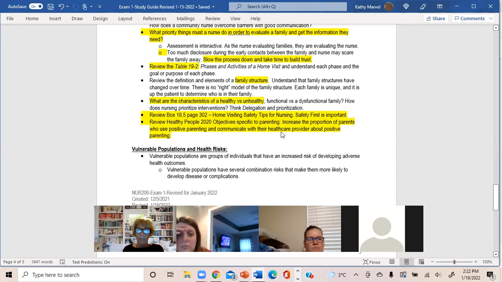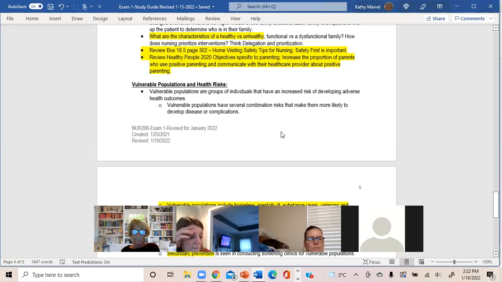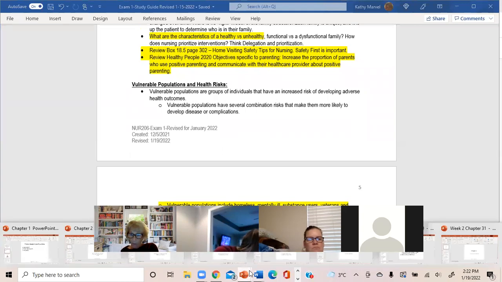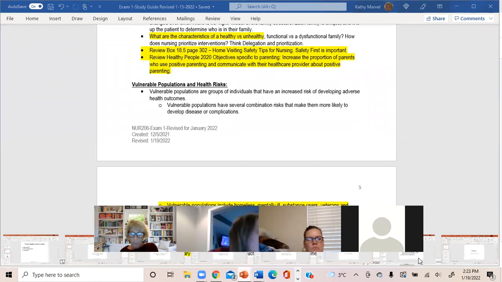Okay. And then the last section was vulnerable populations and health risks. That is another chapter that I want you to focus on, I think it's 21.